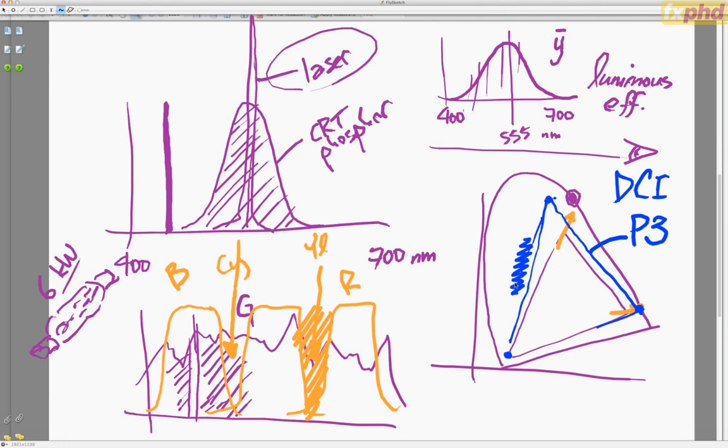Now, when we get to laser projectors, you can think, well, okay, if I had a laser projector, then I could pick a green that was up here, and that will get more of those colors, maybe not all of them. And I could even pick my laser down here and down here. Well, you won't pick them down there, because if you pick laser primaries down there, they are so far down that curve that they're really, really inefficient.